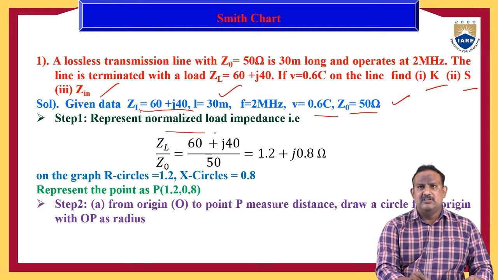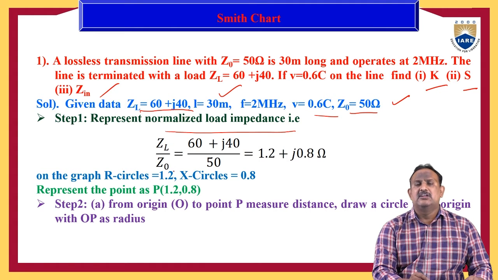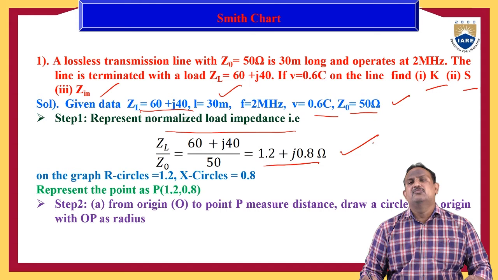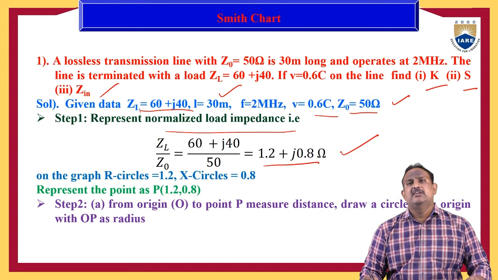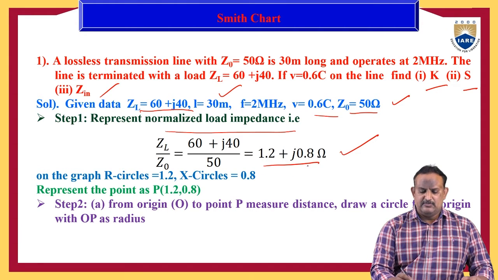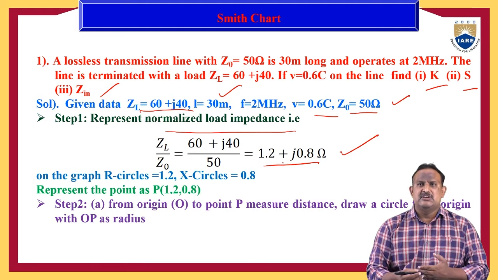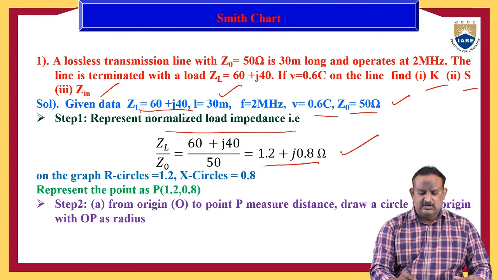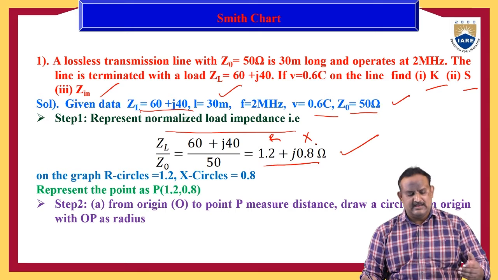The normalized impedance value is nothing but ZL by Z0. Therefore, (60 plus j40) by 50, which is nothing but 1.2 plus j0.8. Using the Smith chart, we need to represent 1.2 plus j0.8, where 1.2 represents the R circles and 0.8 represents the X circles, or reactance circles.